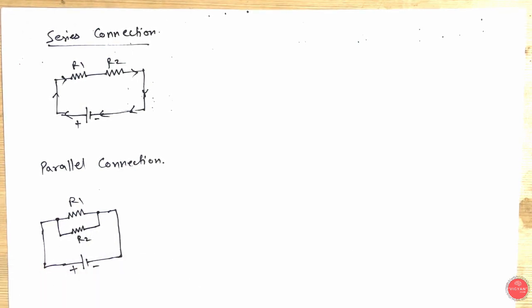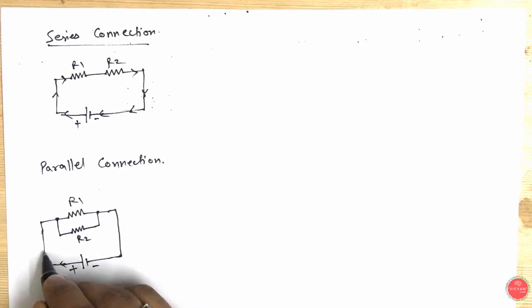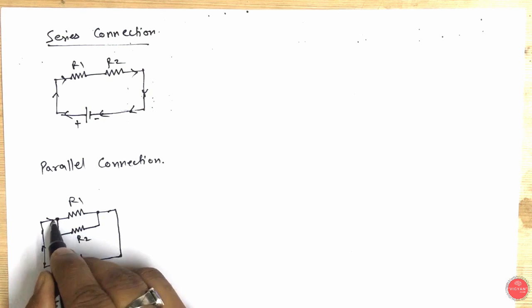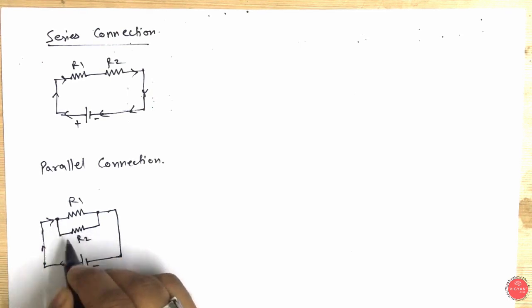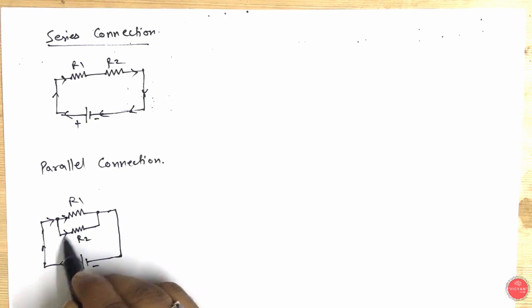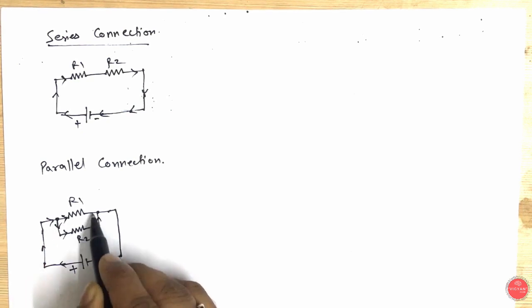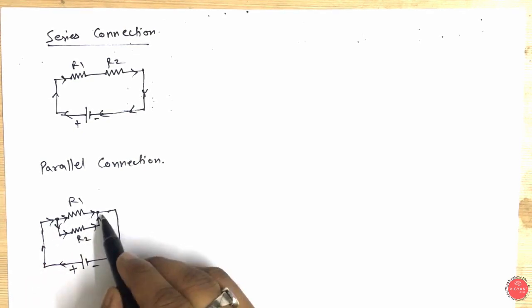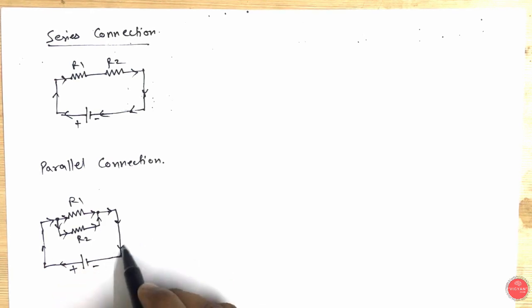This arrangement of loads is said to be in parallel. The current divides into two separate parts along the connecting wires, and again joins back at the other end of the two loads, and it flows back to the negative terminal of the battery, and the circuit is completed.